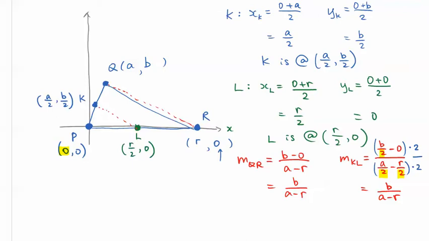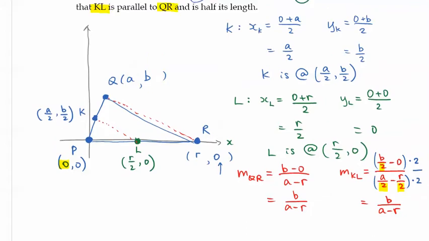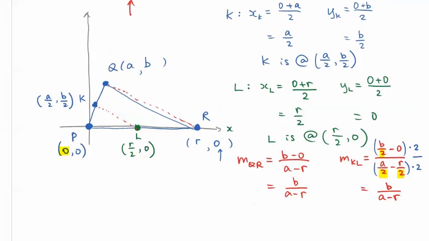So in this case, since they give us the same slope, we can then conclude that the two lines are parallel. Since the slope QR equals the slope KL, therefore, those two lines are parallel.